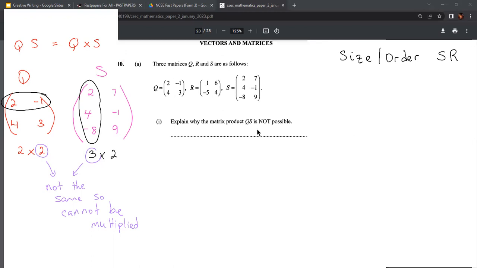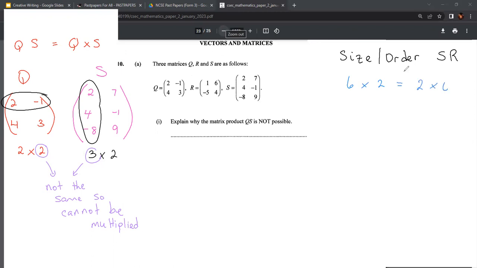Now for this one, remember, whatever is first, that's what you're going to multiply first. Because remember, before in multiplication, 6 times 2 was the same as 2 times 6.